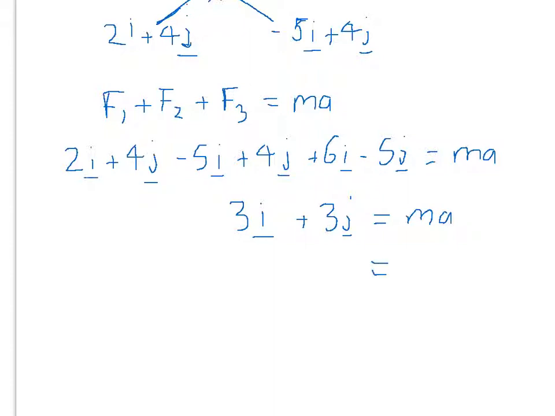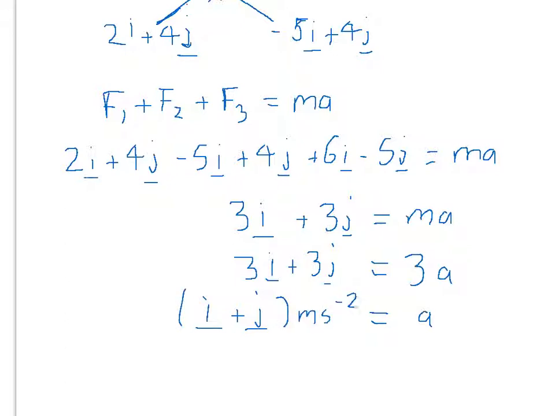Now we know that the mass is 3. We're trying to find acceleration. So all we have to do now is the force 3i plus 3j divided by 3. So our acceleration is going to be i plus j, ms^-2.